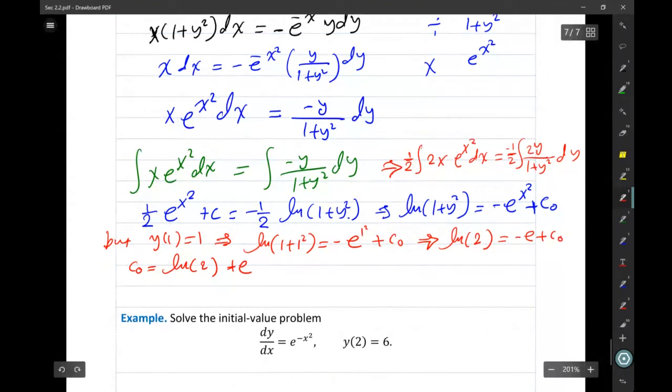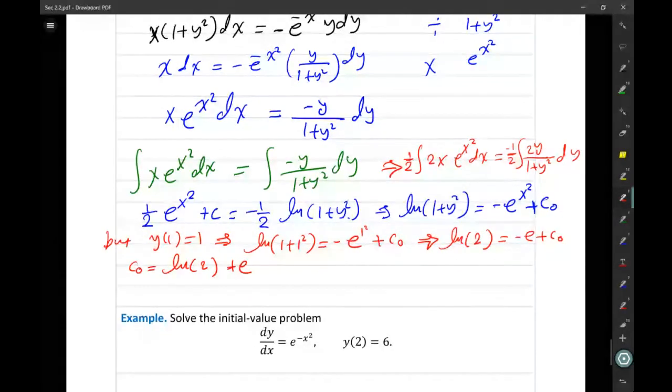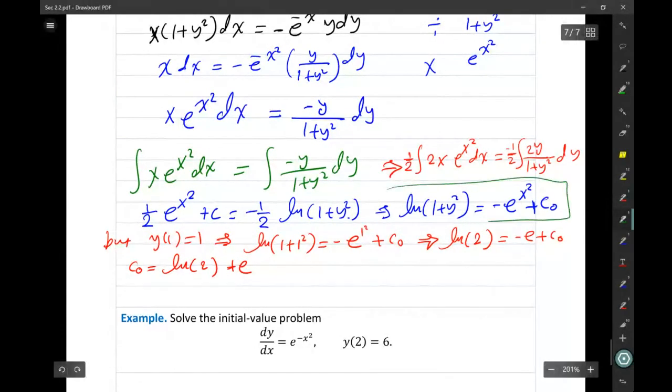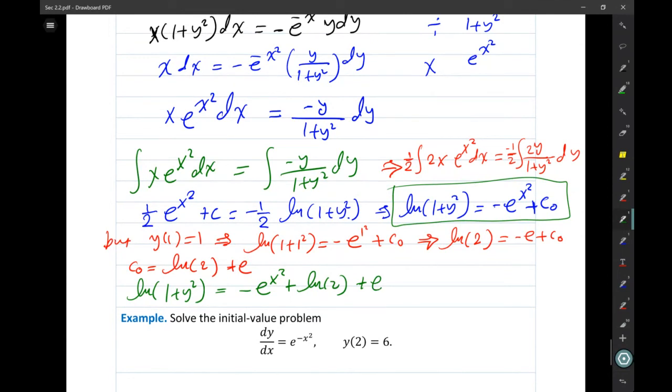Go back and substitute this in your solution. The solution now becomes ln of 1 plus y square equals minus e to the power x square plus ln 2 plus e. Can we simplify it, or we cannot?